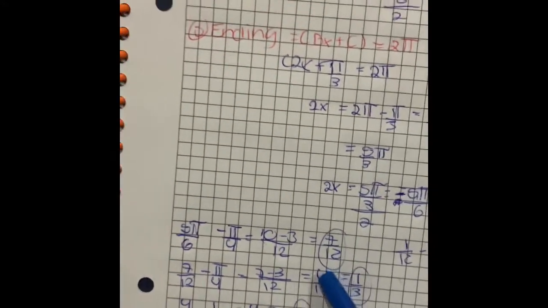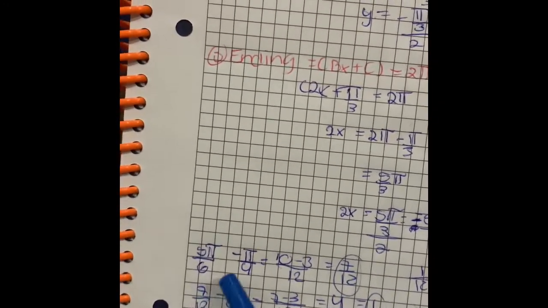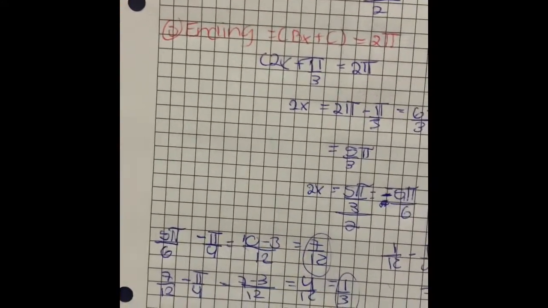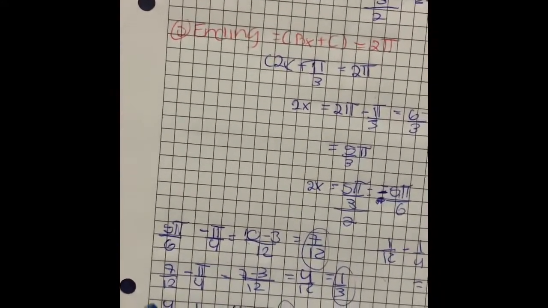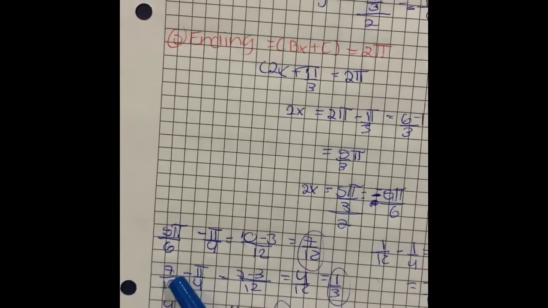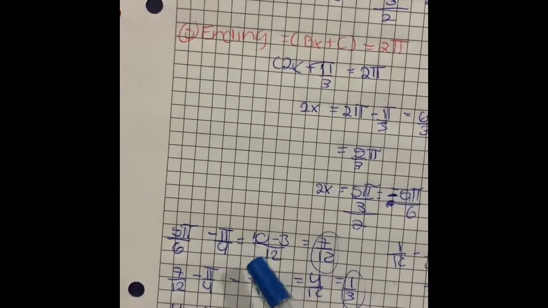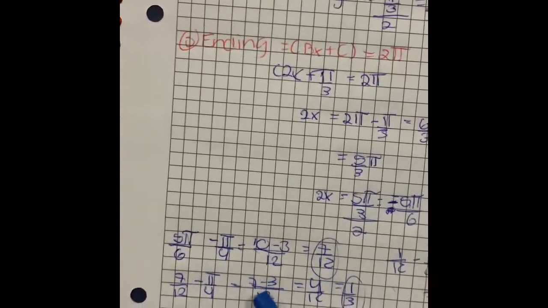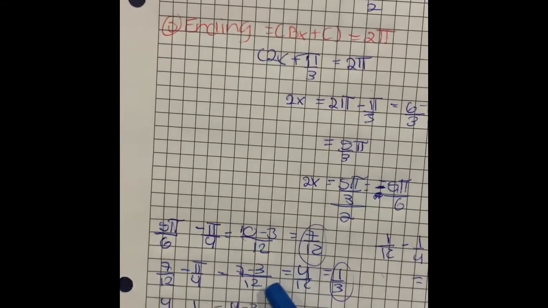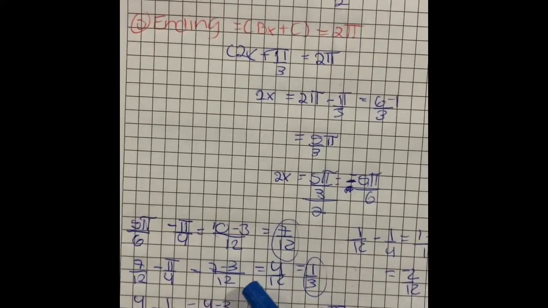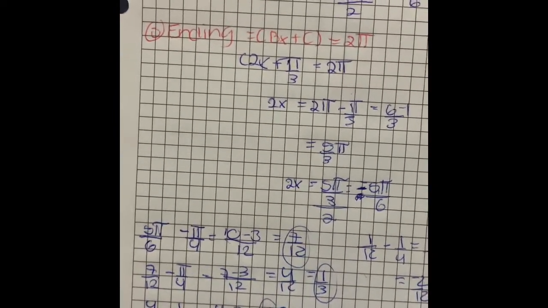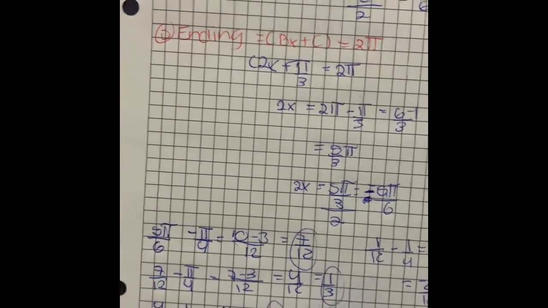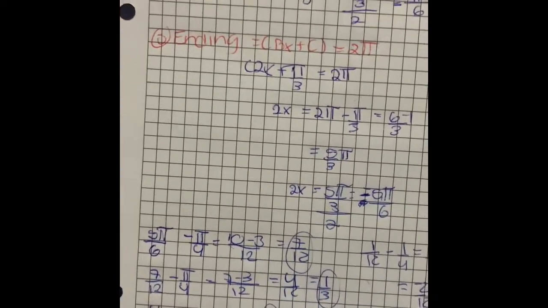Then we substitute this minus the quarter period, so we have 7 twelfths minus π fourth, and then we make the subtraction, 7 minus 3 between 12, and it gives us 4 twelfths equals 1/3, simplifying.